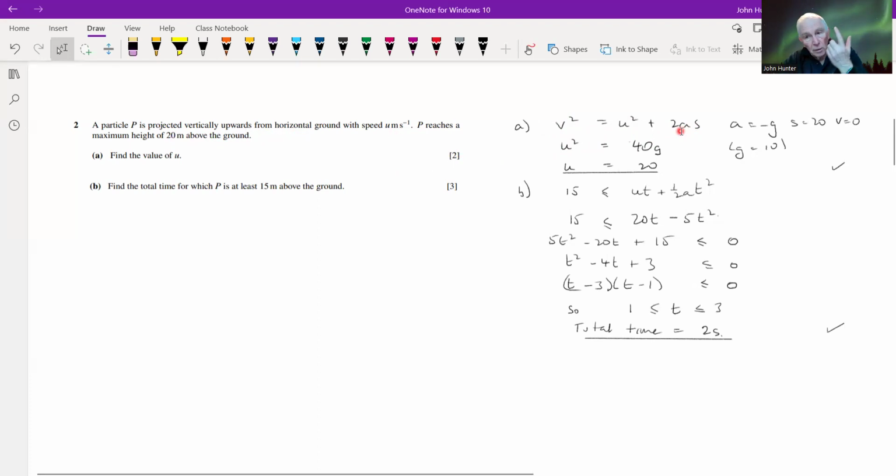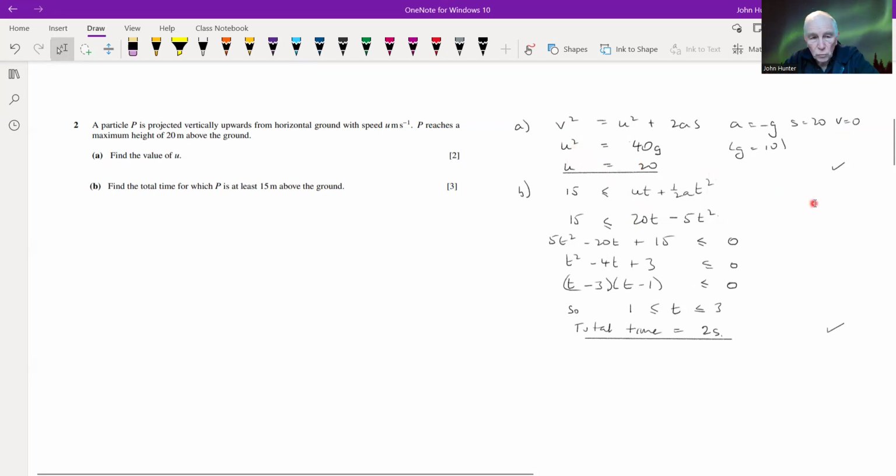Now we're thinking upwards, so it's going to be negative, -10. It's very important to establish your frame of reference, which direction is positive. Usually upwards and to the right is what we use by convention. The displacement is 20, the final velocity 0. Plug those in and we get u equals 20.